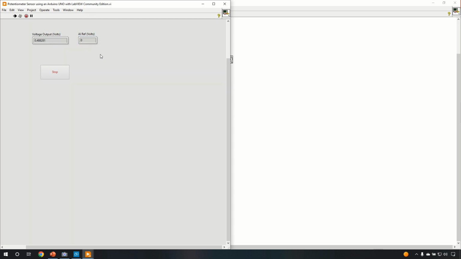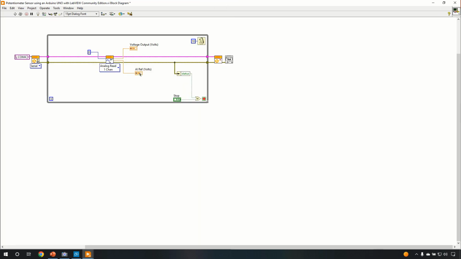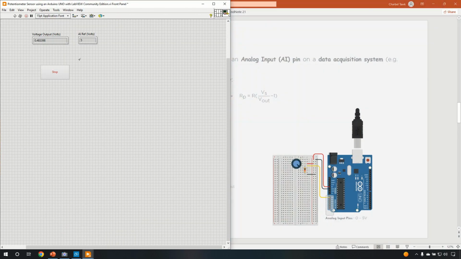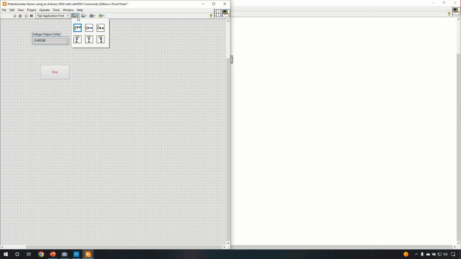Let's run the code. You can see it's 5 volts. So I can take this analog reference value, which is 5 volts, and divide it by Vout, subtract 1, multiply everything by R, and we'll get to Rp. And remember, R is in kilo ohms. So let us go ahead and do that.